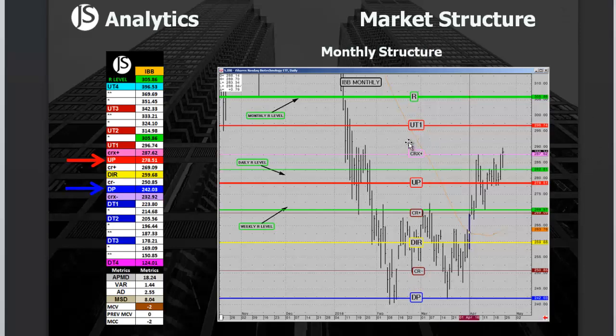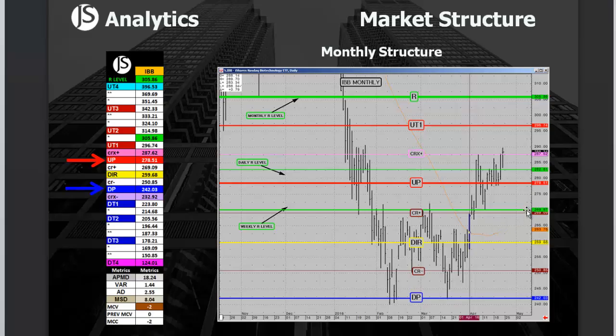So I've added this monthly structure to this daily chart, and we can see that the market has confirmed this breakout at the CRX plus. You can see at the beginning of the month the market did break out of the critical range and stalled out at the CRX plus, exhausted, and then gave us a pullback down to the CR plus.